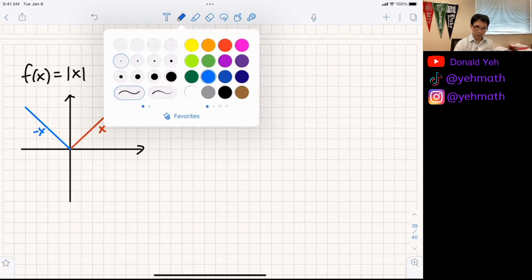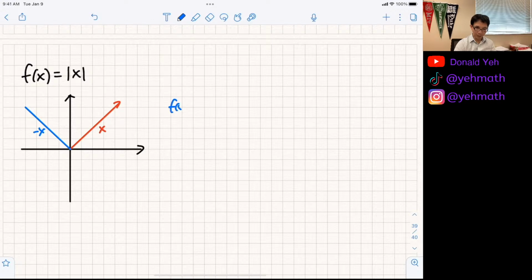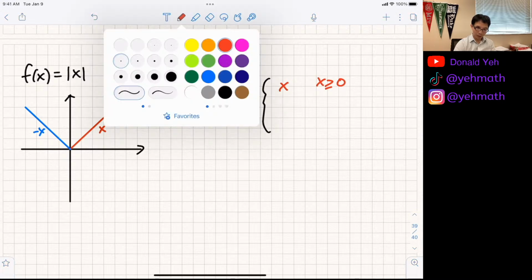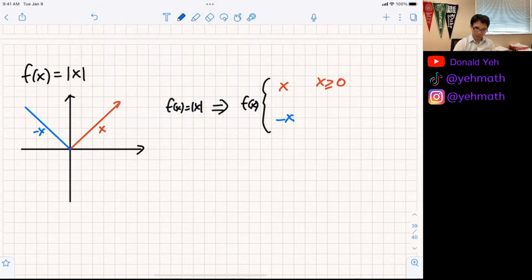So f of x equal to absolute value x can be rewritten as f of x in terms of a piecewise function. And that means x when x is greater than 0 and negative x when x is less than 0. So there are two functions. The one on the right is x, the one on the left is negative x.